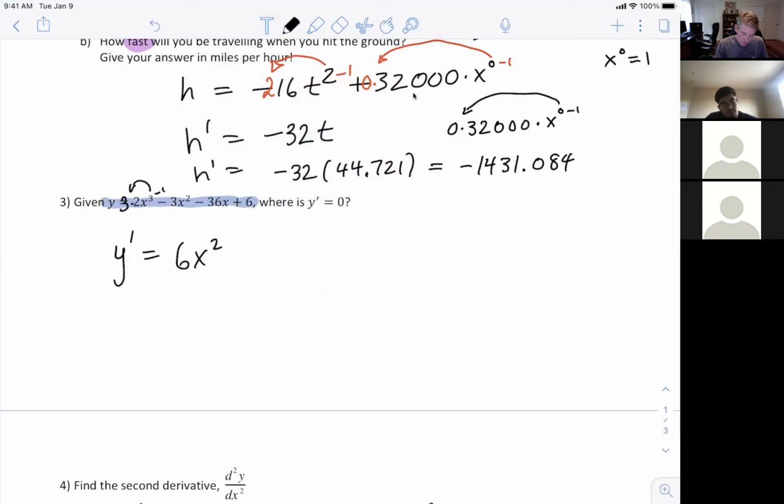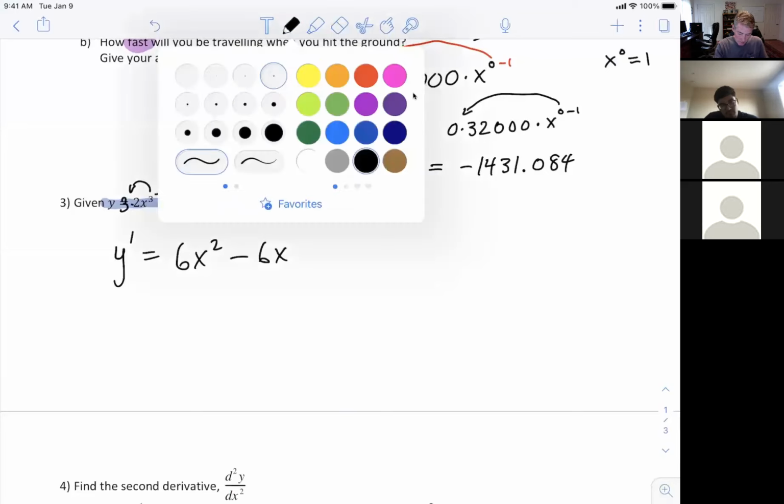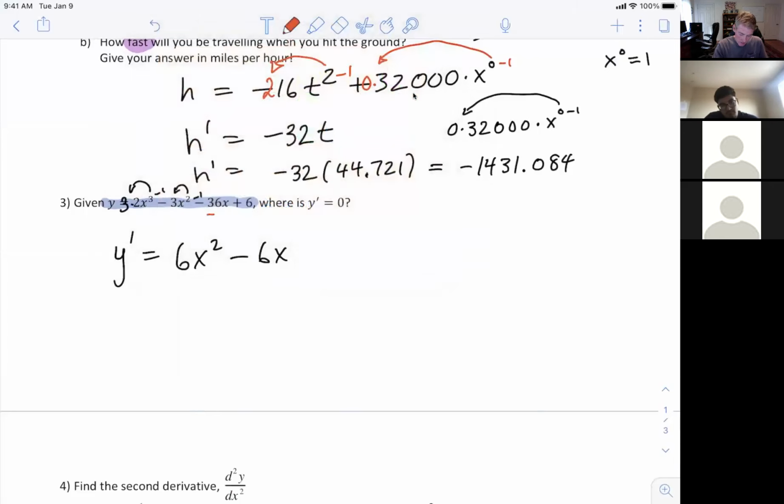And then for the next one, bring the 2 in front and multiply, and that's going to leave negative 6. And then when you subtract 1 from the exponent, it's going to be x to the 1, or just x. And when it's a number times x, well, the derivative of x is just a 1. So when it's a number times x, the derivative is just that number, negative 36.